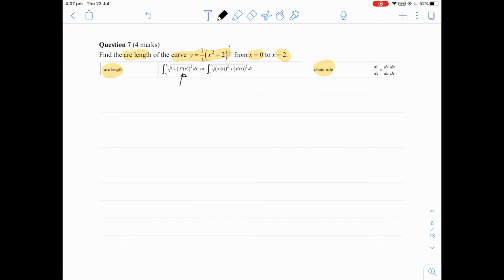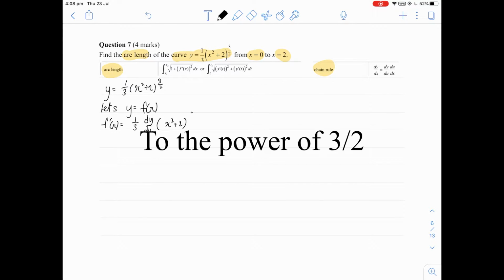Also, notice that the function here is f dash x, meaning that we must differentiate this function. Let's let y equal f(x), and therefore f dash x will be 1/3 times dy/dx of (x squared plus 2) to the power of 3 on 2.